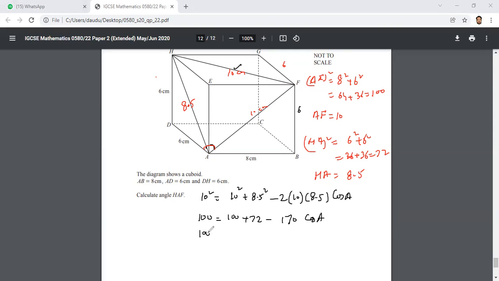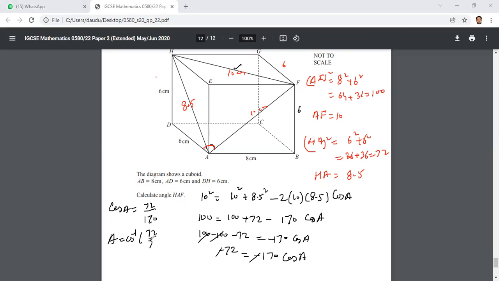So this is 100 equal 100 plus, this gives us 72 minus, this gives us minus 170 cos A. If we bring it to the left, minus 100 minus 72 minus 170 cos A. Cancel these two. Minus 72 minus 170 cos A. Cancel minus and minus. So we have cos A is equal to 72 over 170. So A is equal to cos inverse 72 over 170.